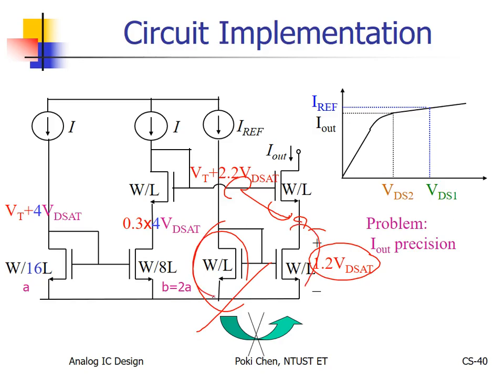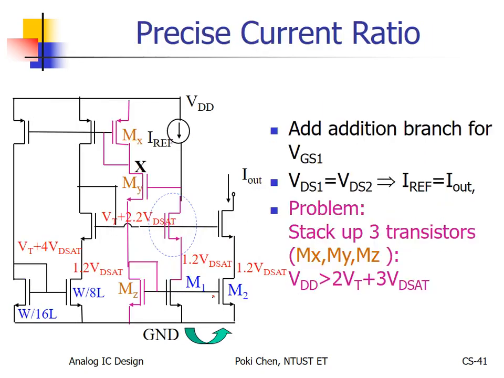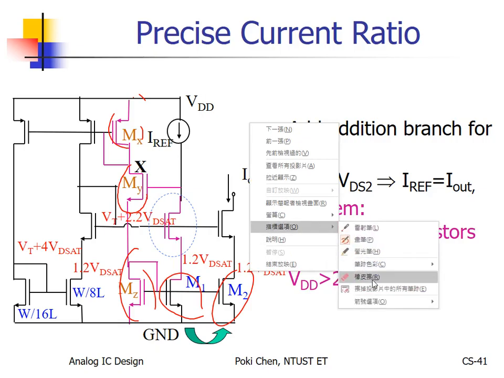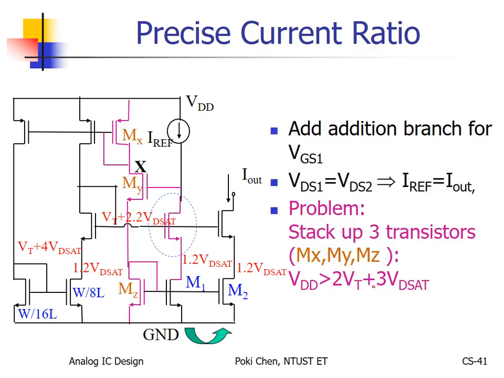How to make them the same? Through the help of this one. We try to support both critical devices by the bias of the others. That's it. We can make them exactly the same. You can see here, here, here, and there.